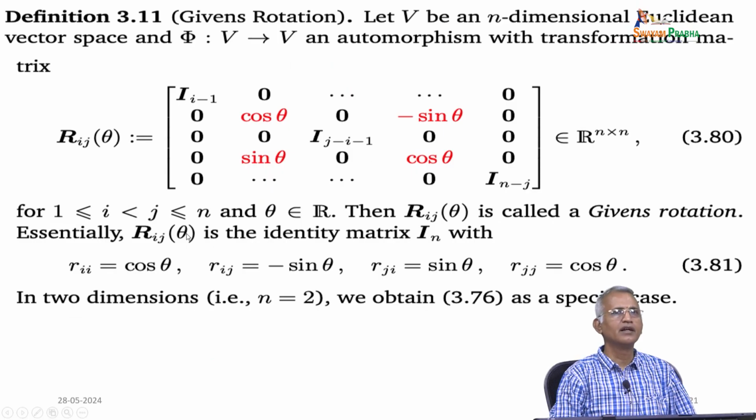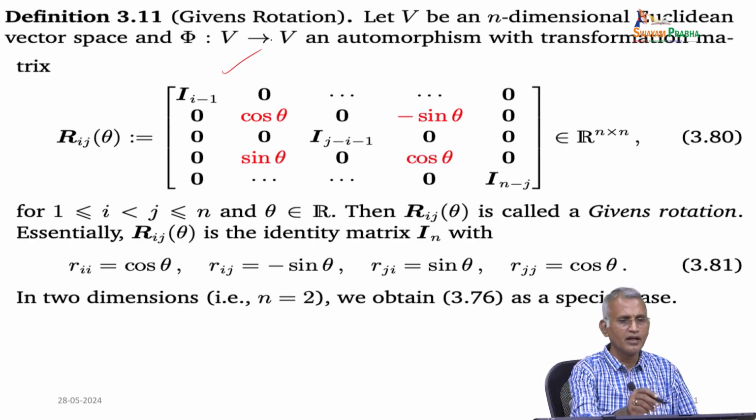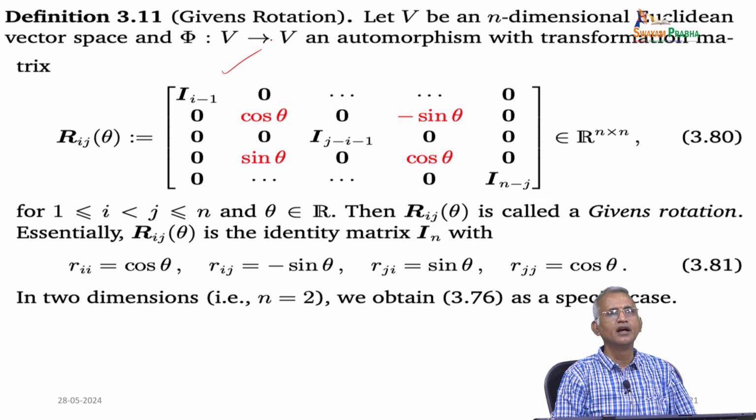Now, we have a definition, Givens rotation. Let V be an n dimensional Euclidean vector space and phi from V to V an automorphism, with transformation matrices. Automorphism maps domain to codomain with the same value, and Rij of theta is represented as identity entries with I minus 1, 0 and so on.